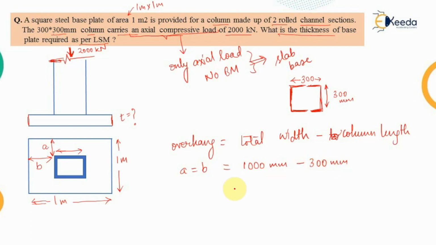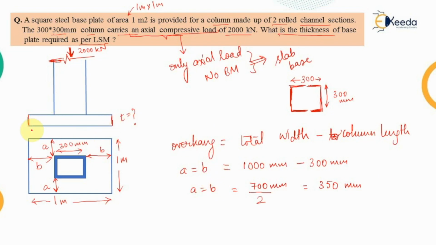So the overhang that we obtain will be 700 mm, and that is combined, because the overhang will be in this direction also, that will be B, and similarly in this direction it will be A. So when calculating the overhang for just one side, it will be 700 mm divided by 2, which comes out as 350 millimeters, and the overhang is 350 millimeters for both directions.